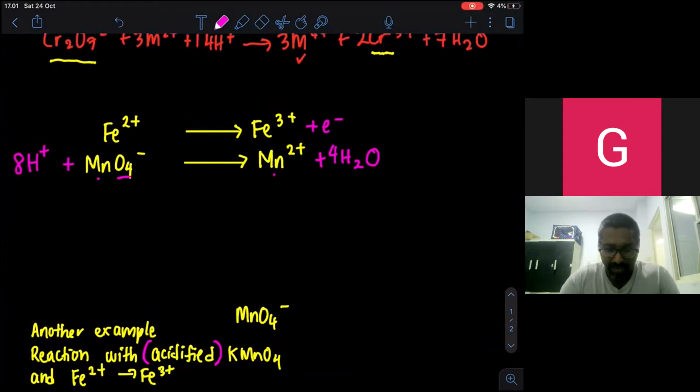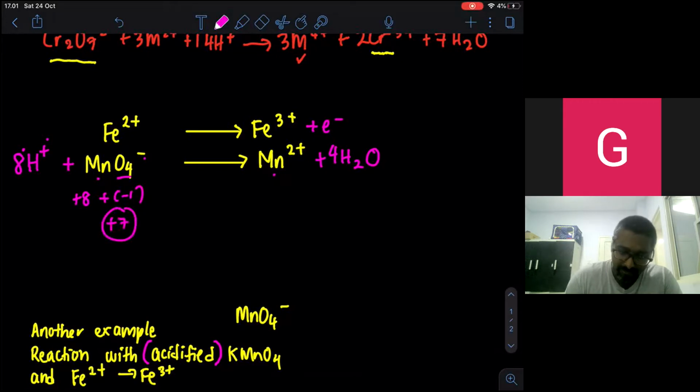And then the last part that I need to do in order to solve this is making sure that my overall charge left and right are the same. So 8 times 1, so plus 8. And this is negative 1, so plus negative 1. My overall charge is plus 7. And here 1 times 2 plus, so plus 2. 4 times 0, water, the charge is 0, so I'm going to have plus 2.